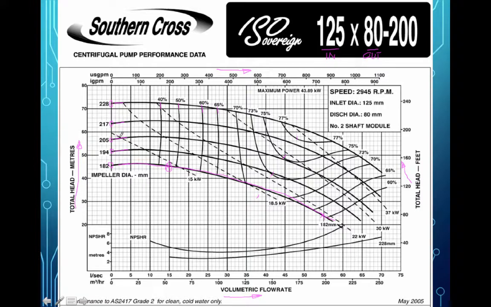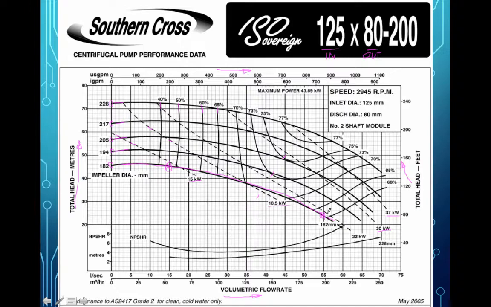These dashed lines here, those are representing input power in kilowatts for the pump. So for example, to run our 182 millimeter diameter impeller out here at 55 liters per second, we're going to be running just shy of 22 kilowatts of input power.